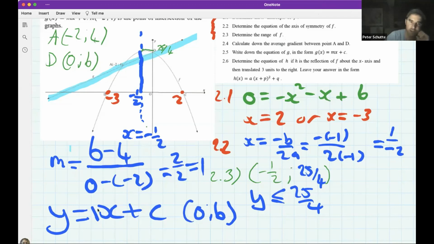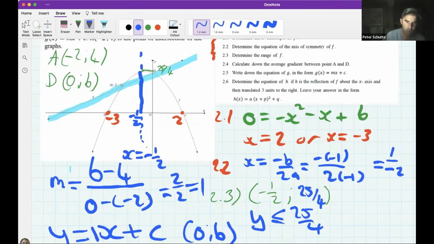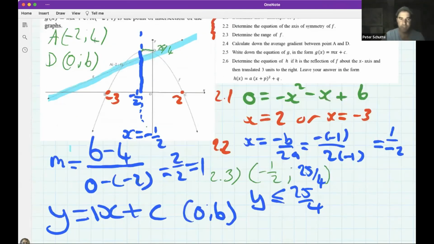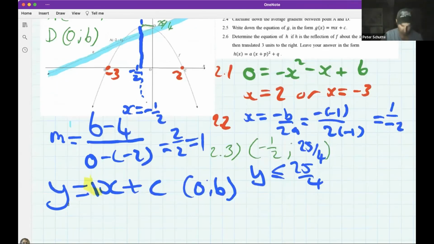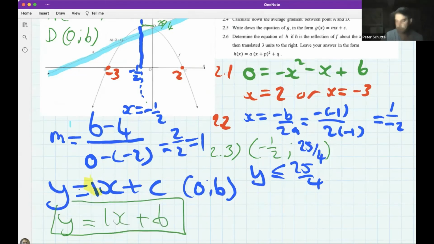You know the gradient is 1, which you just worked out. And so the final equation is just going to be to replace the c, and you get y equals 1x plus 6. And that will be the equation of my straight line.